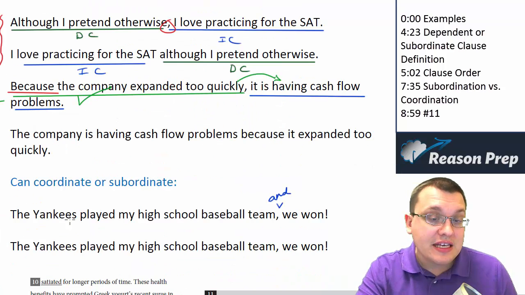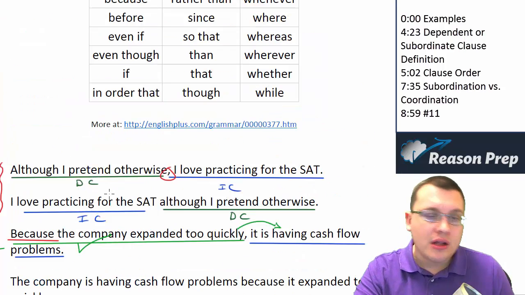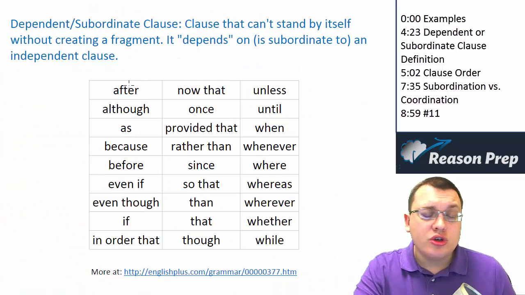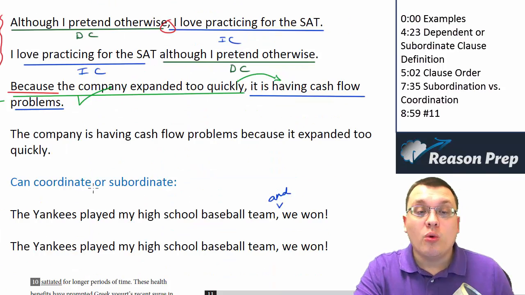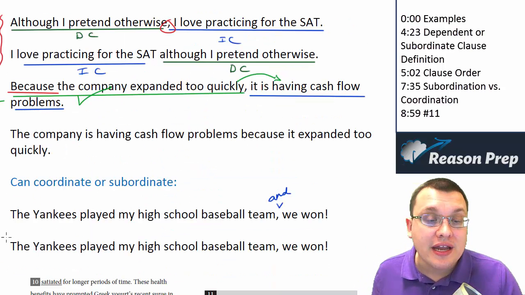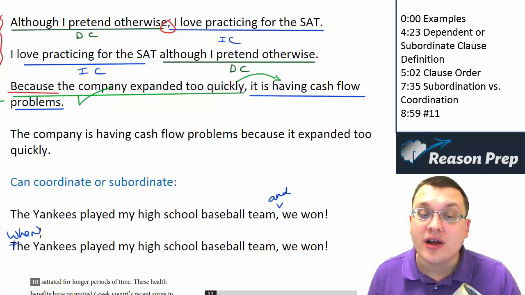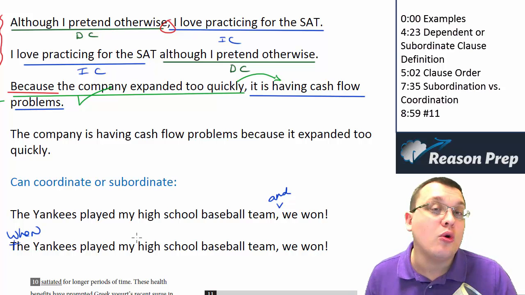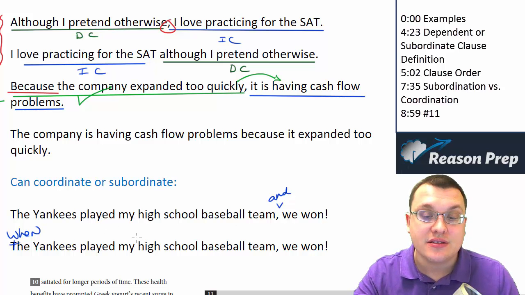Once the Yankees played my baseball team, comma, we won. That's a little bit weird. I think when is better. You could use other ones here depending on what you want to say, but the point is you could subordinate by adding a subordinating conjunction to the beginning of one of your phrases or one of your sentences, and that would be no problem. And this would be a legal way for us to connect our sentences.